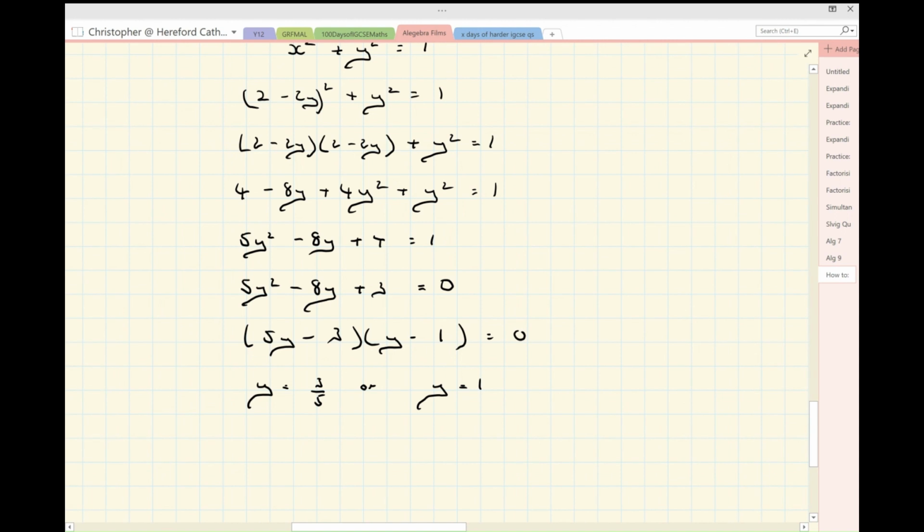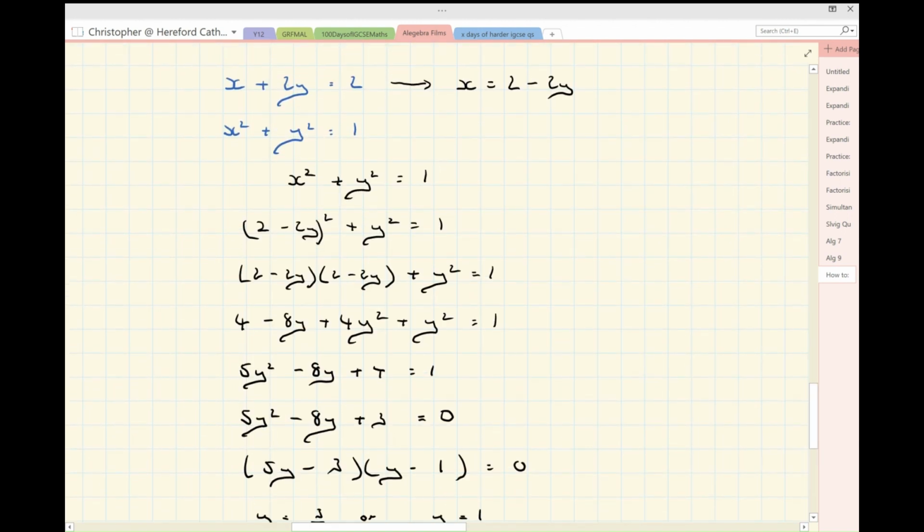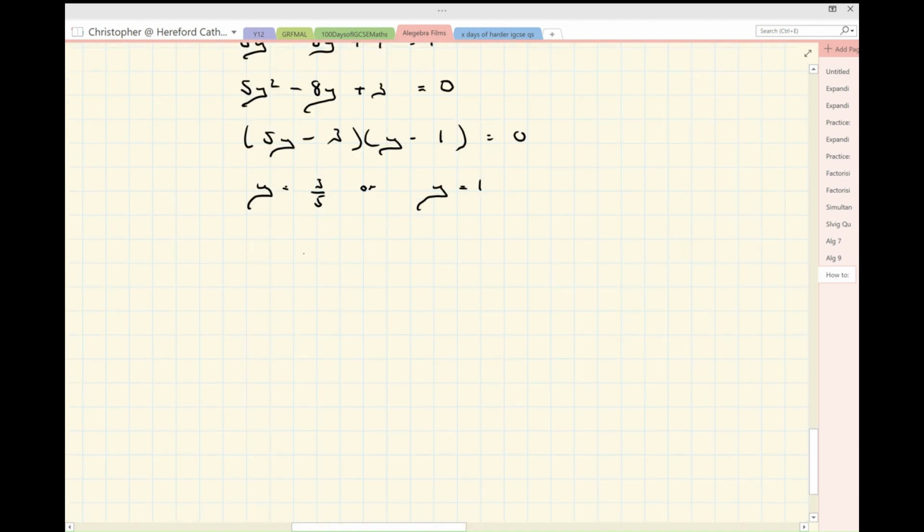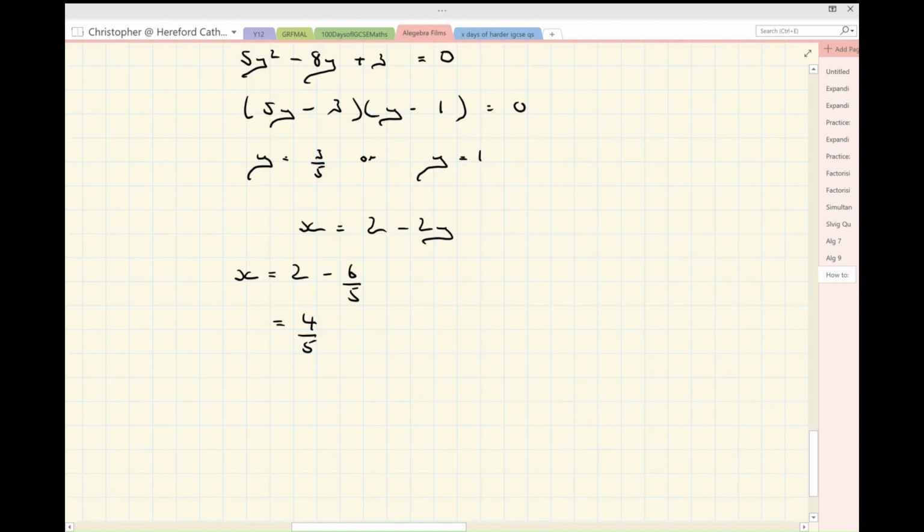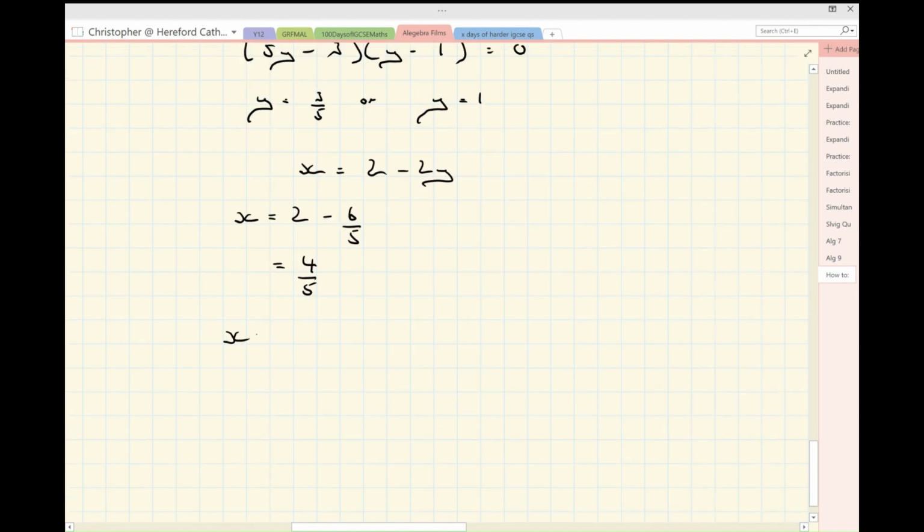Right, I better find x now. x is 2 minus 2y. So if y is 3/5, then x is 2 minus 6/5. So that leaves me with 4/5. Gives me the solution x is 4/5 and y is 3/5.